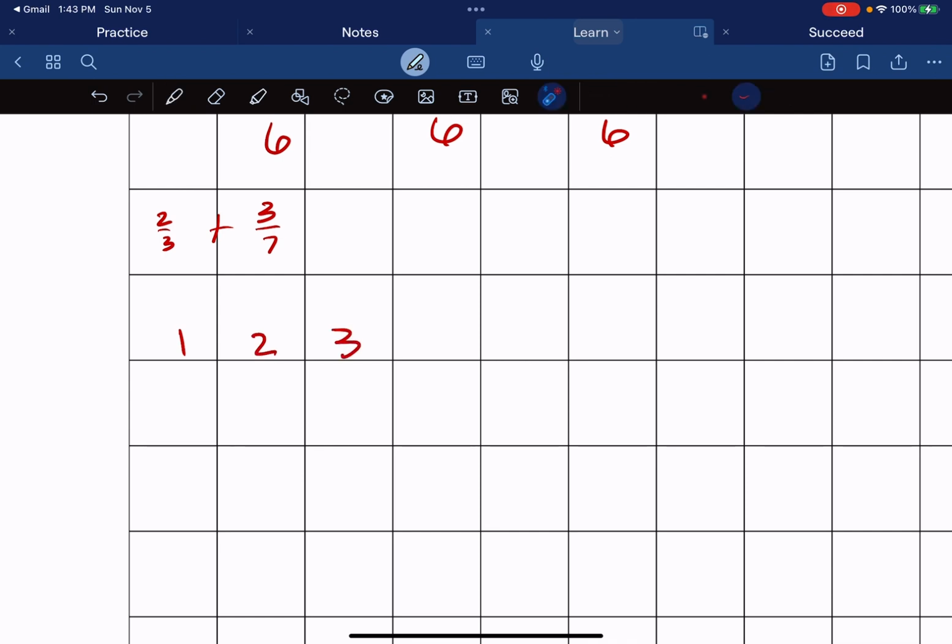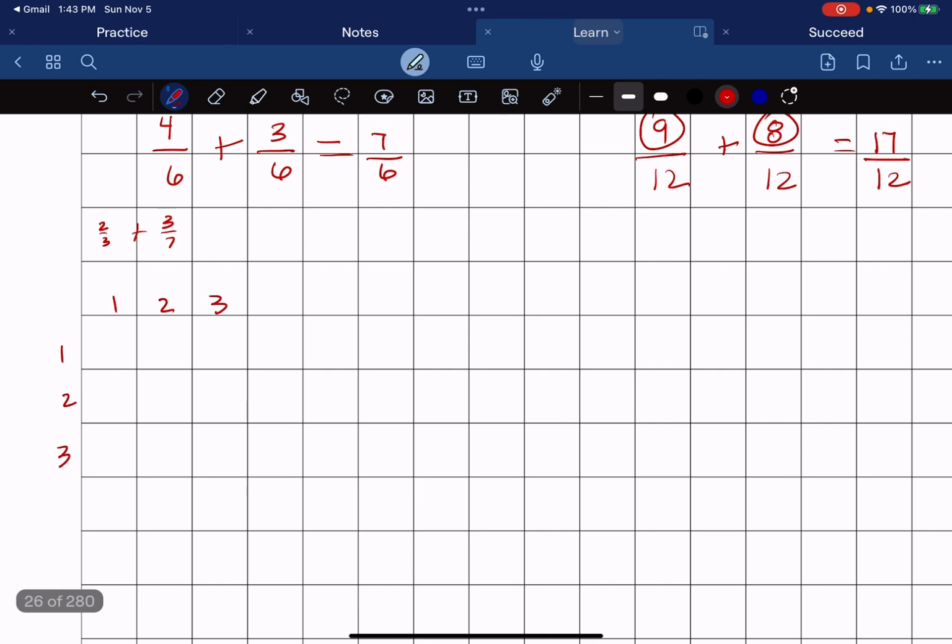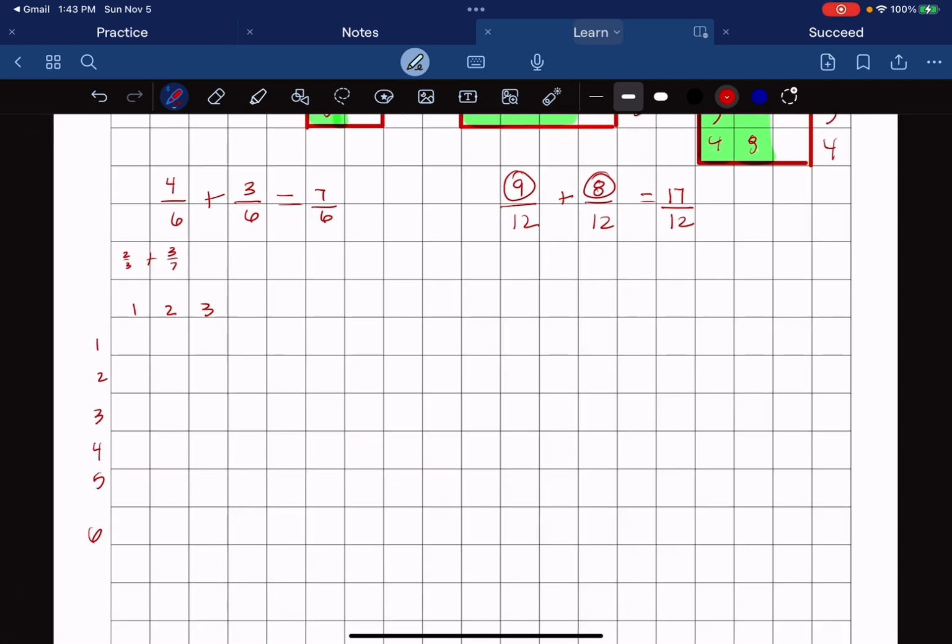And then I'm going to look at my next fraction. My denominator is a 7, so I'm going to come 1, 2, 3, 4, 5, 6, and 7. So then when I do this, I go 3 across, 7 down, and make that model.